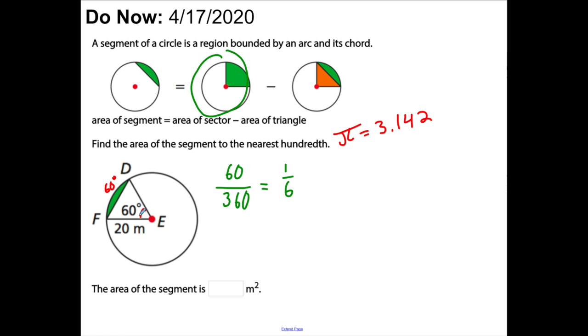So the area of the sector is a sixth of the total area. To find the total area, we take 20, square it because 20 is the radius, and multiply by pi. That gives me 400 pi meters squared.